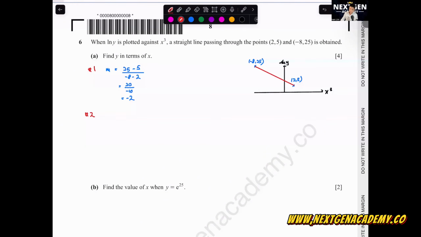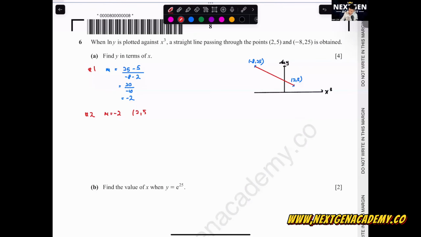Okay, so step number 1, you just do y2 minus y1 over x2 minus x1 with the points that are given. Step number 2, this is where normally students get wrong. When you substitute in to find the C value, you don't go and convert to the ln y and x cubed first. You still remain it as x and y. You put in m equals to negative 2, and then you just use one of the points, whichever point.